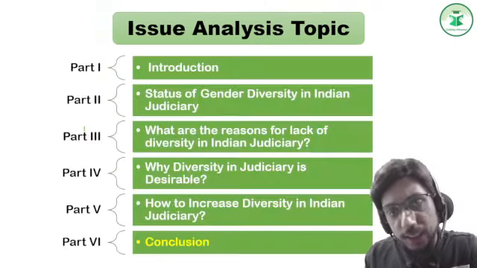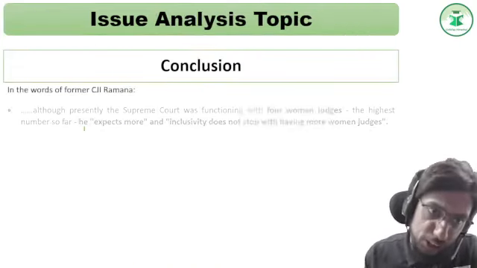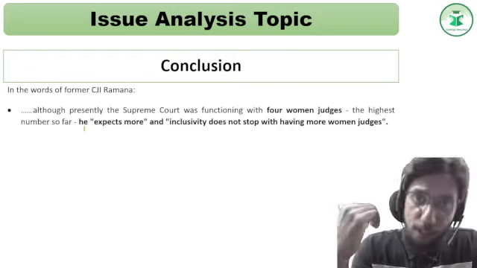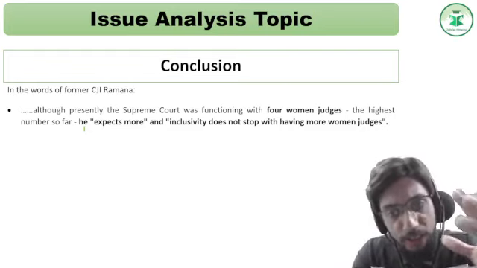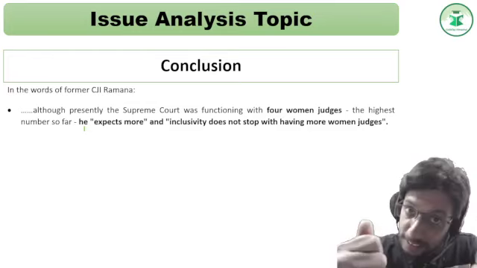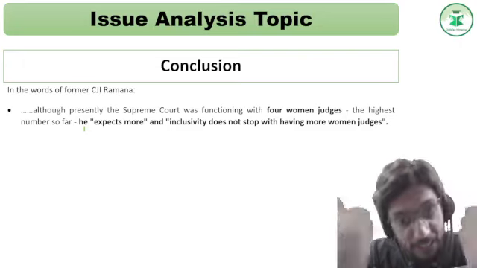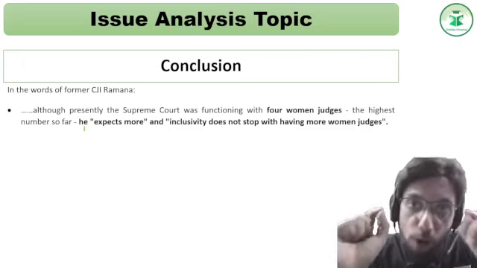Now, to conclude this entire argument of mine, I would like to use the words of former CJI Ramanna. While delivering an address, he said that in his court there were 4 women judges, which was the highest number so far, and that he expects more. He says that inclusivity does not stop at having just more women judges.